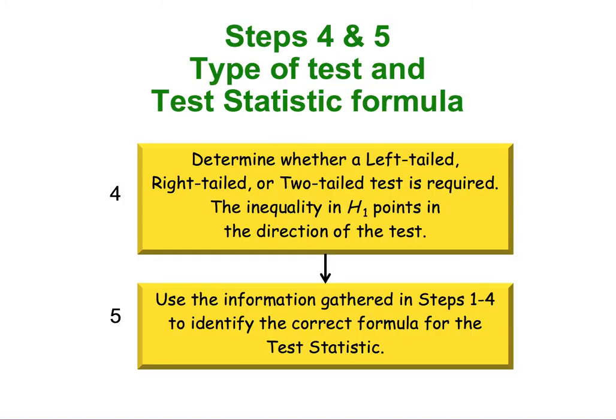Now in steps 4 and 5 we decide whether we are going to use a left-tailed, right-tailed, or two-tailed test. To do that we look at the inequality in the alternative hypothesis. It points in the direction of the test. And then we will figure out what formula to use for the test statistic and calculate that.